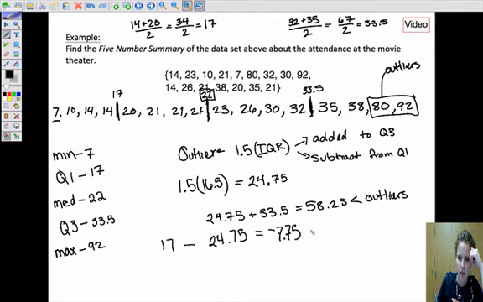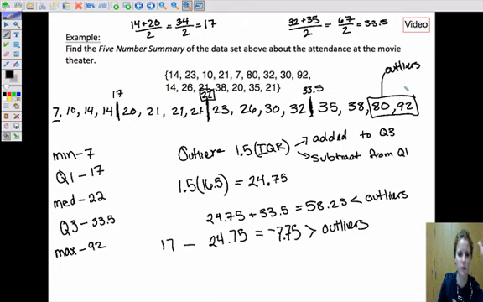So anything less than that would be outliers. And we obviously don't have any, because we don't have any negative numbers. You can't have negative people going there, okay? So we're good there. But we do have two outliers, which is smart of us to realize that we shouldn't use our mean when we were talking about the measures of center.